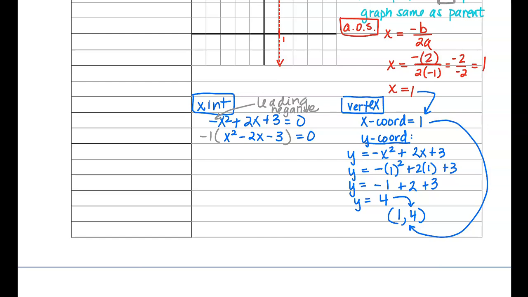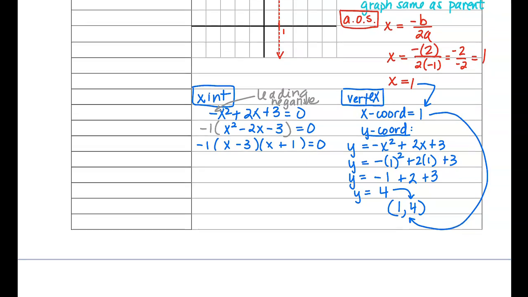So that actually factors really nicely, doesn't it? So it's negative 1 times x minus 3 times x plus 1, equal to 0. Factors of negative 3 that add to negative 2 are negative 3 and positive 1.